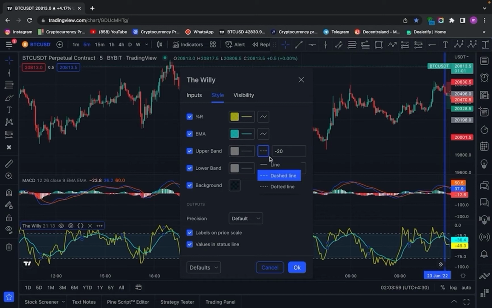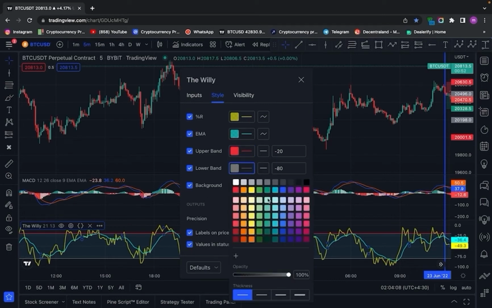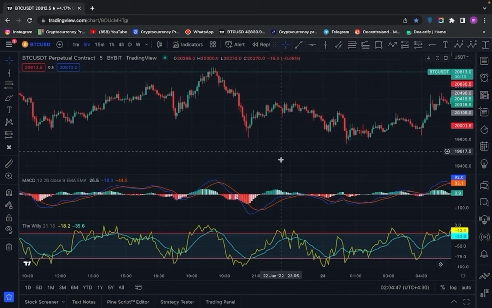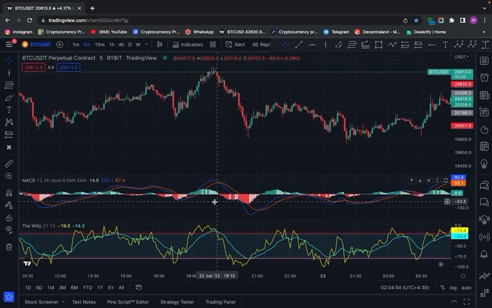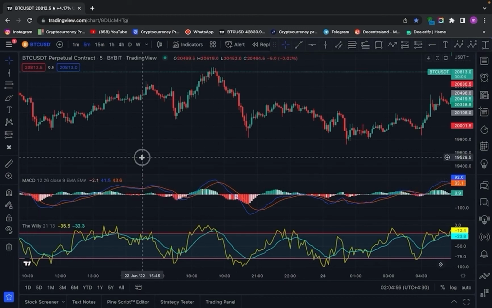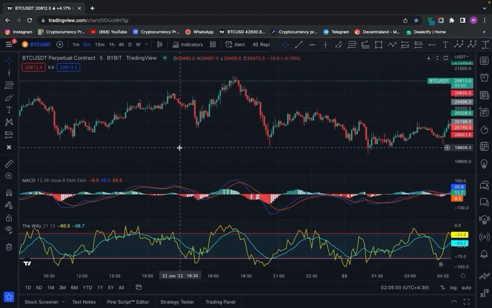In the Style section, we change these dash lines to straight lines. And here change the indicator color to see it more clearly on the chart. So we add this indicator to cover the wrong signals on the MACD indicator, and by adding another indicator to the chart, we understand whether the market trend is up or down.